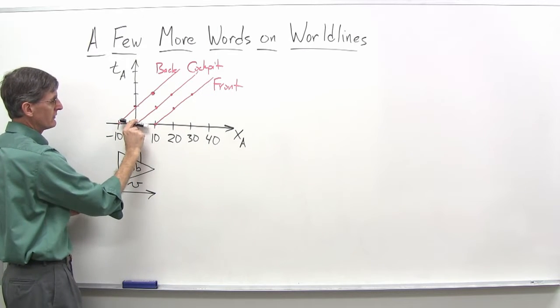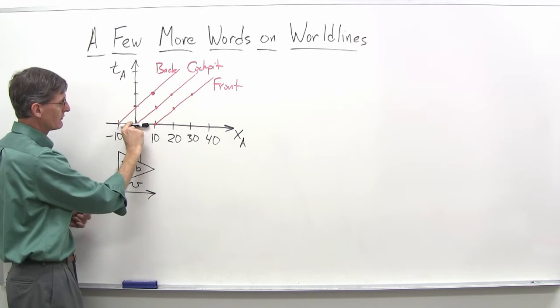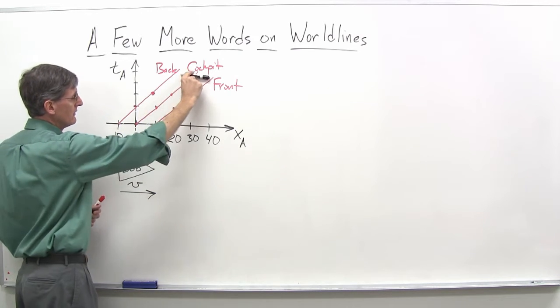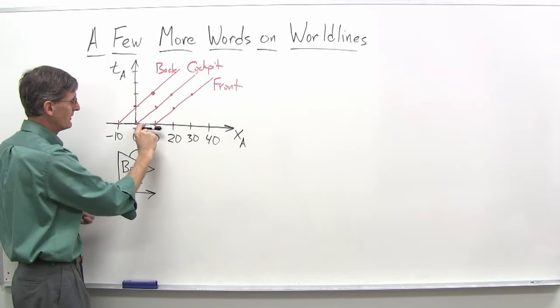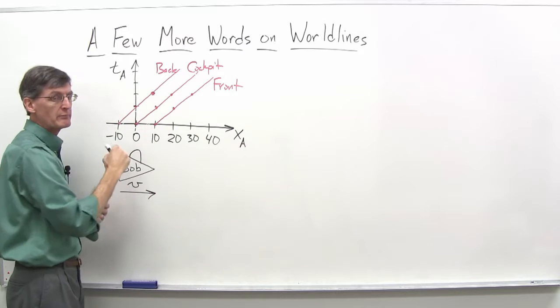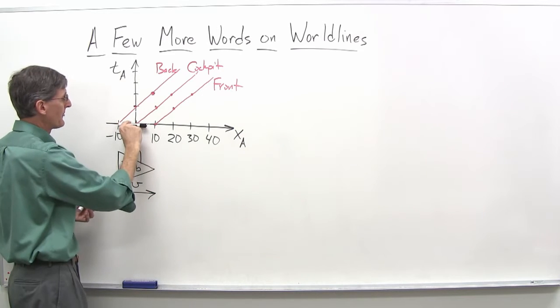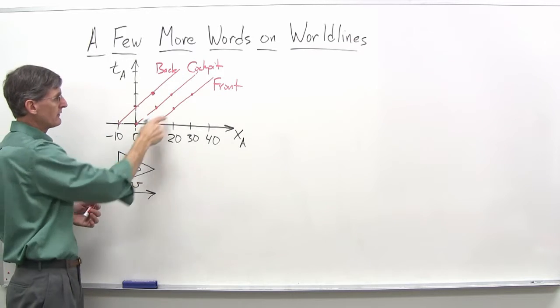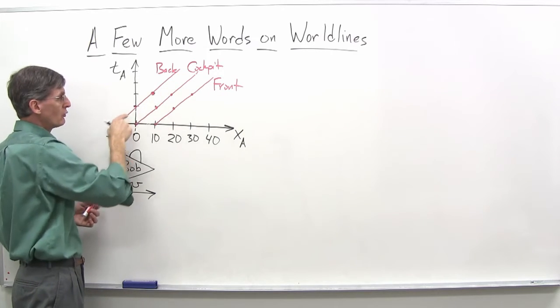At any given instant, if this represents the ship, we'll do it like this. There's the ship. Then Alice sees it here and here and here. Actually, of course, physically, she's seeing it here and then here and then here and so on. She's representing that on the space-time diagram as moving along this way. So the world line of the front of the ship, the world line of the cockpit, the world line of the back.